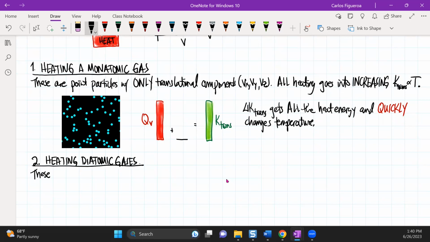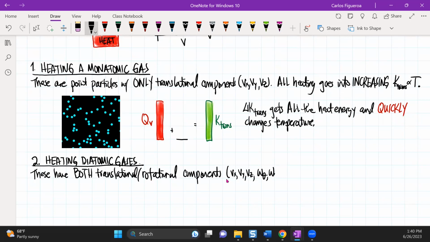These have both translational and rotational components. So when I look at these guys, they have Vx, Vy, Vz, omega, theta, omega, the polar angle.